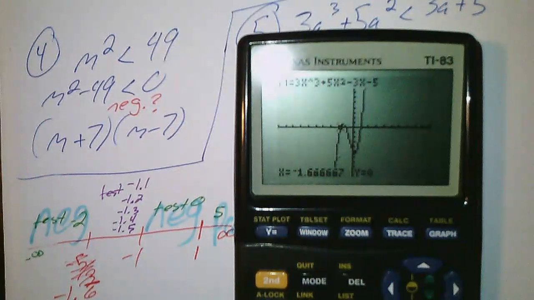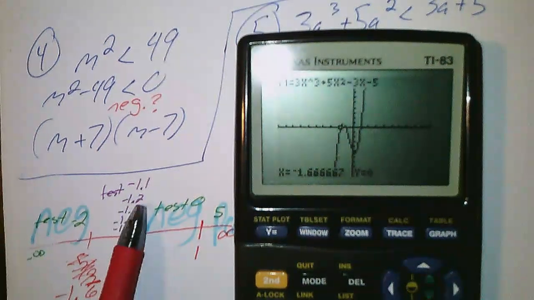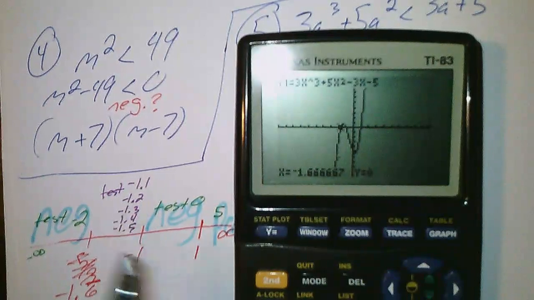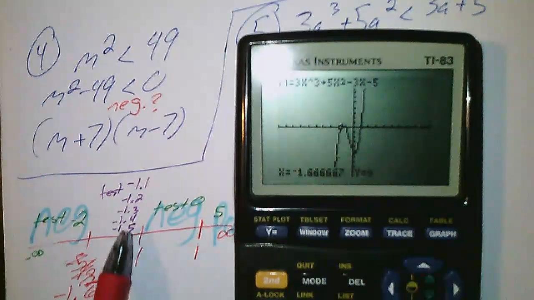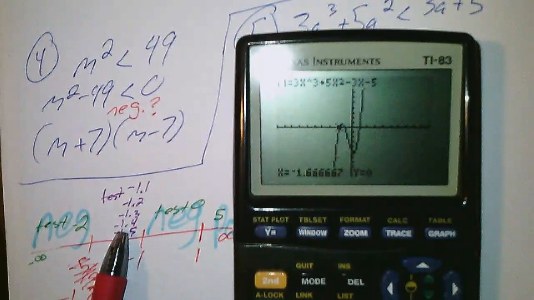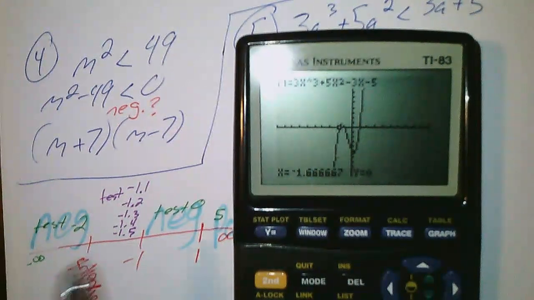So, again, I like that trace feature. We verified that that's a 0. We couldn't really verify that in the table. But let's test. So trace -1.1.